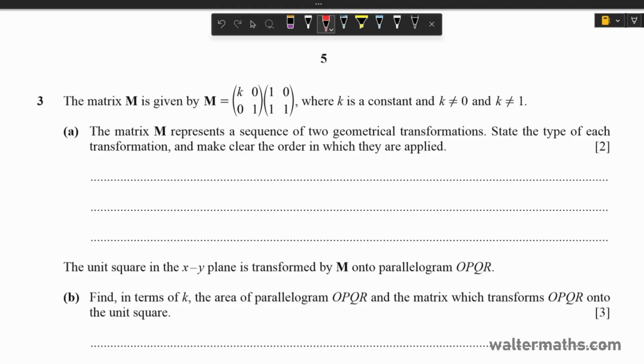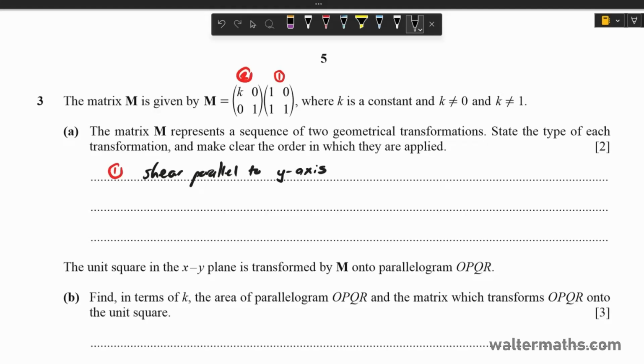So here we've got 2 transformations represented by these 2 matrices. The first transformation is the one that is post-multiplying. That's the first transformation. And the second one is the one that is pre-multiplying. All right. So the first transformation, which is represented by 1, 0, 1, 1, is actually a matrix for a shear, which is parallel to the y-axis.